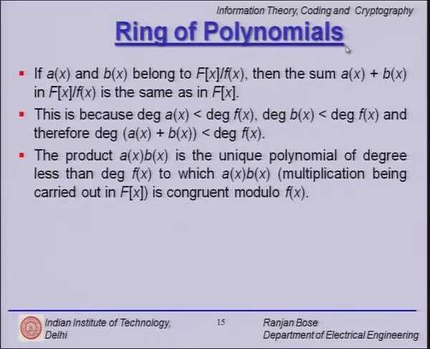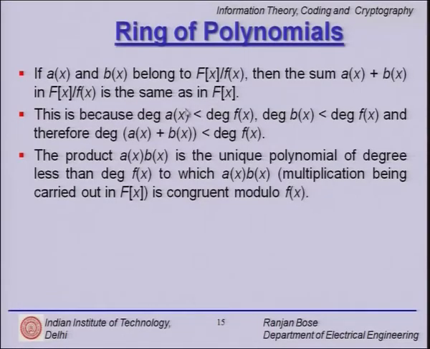We are looking at a ring of polynomials. What is a ring? A ring is a set of elements with certain properties, including additive inverse, associativity, and distributive properties, 0 and 1 being contained in the set, and so on and so forth. It follows the first 7 of the 8 properties required for a Galois field.